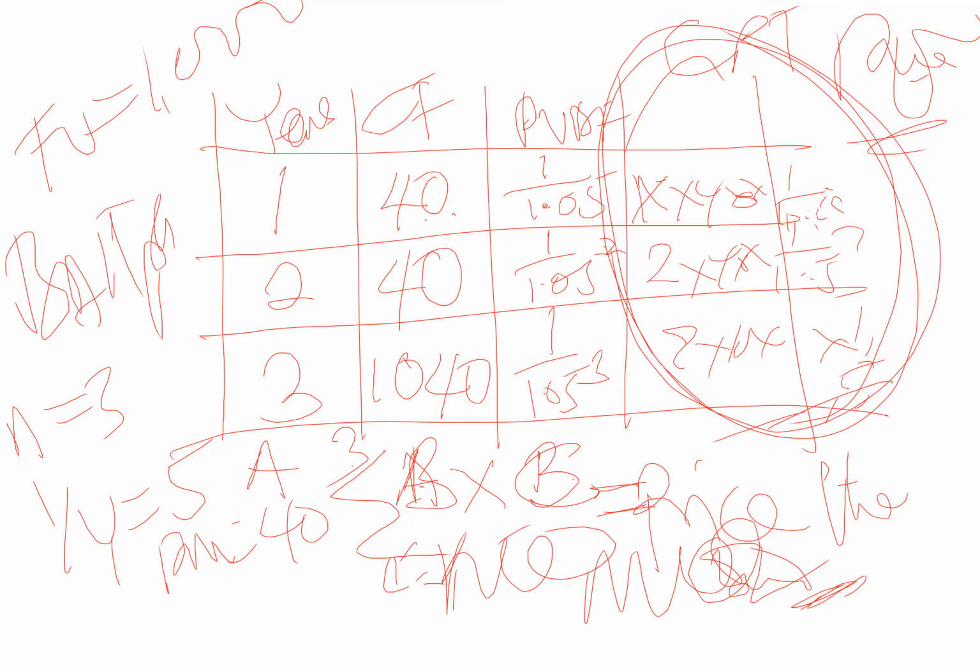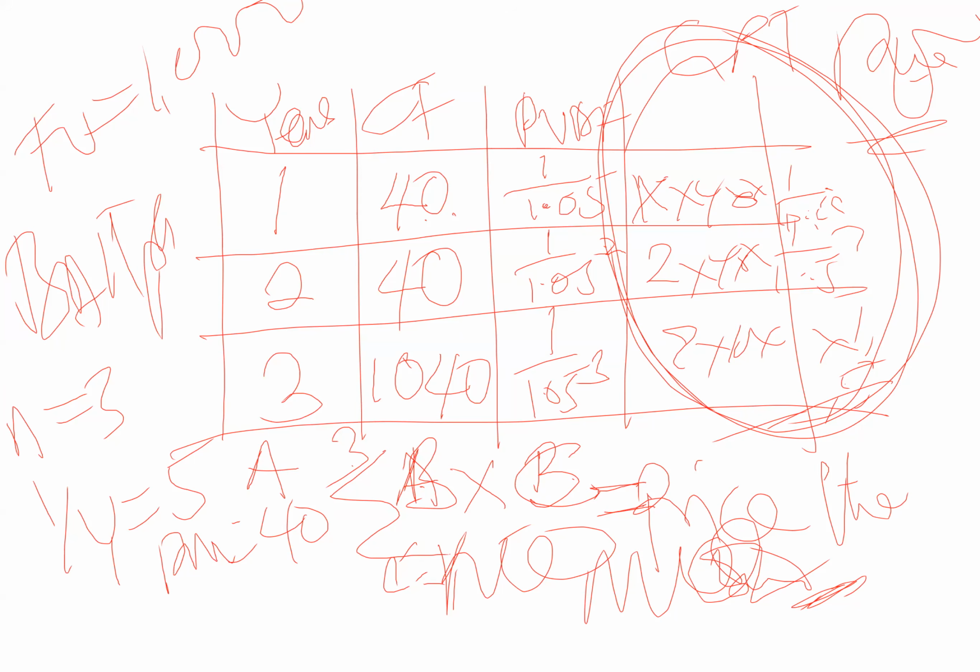You can work it out. You get the same answer as what is in the book. You can try it. I don't know where my calculator is, but that is how we calculate Macaulay duration. Is it clear?